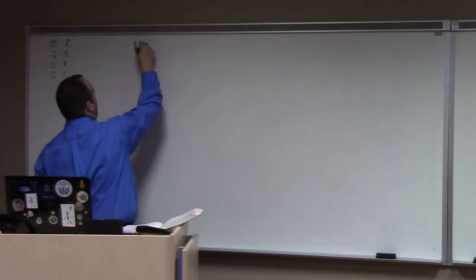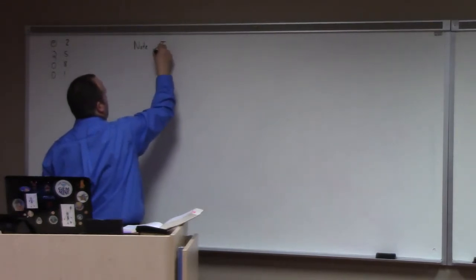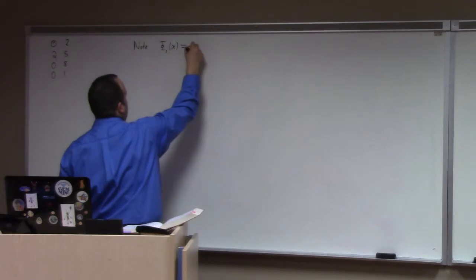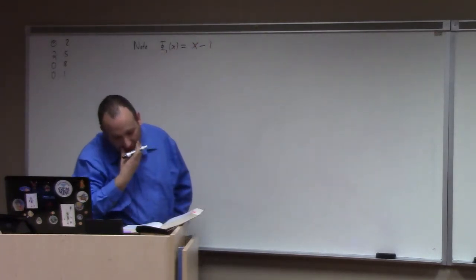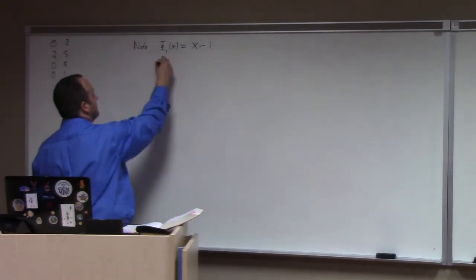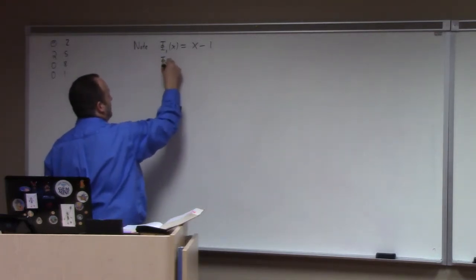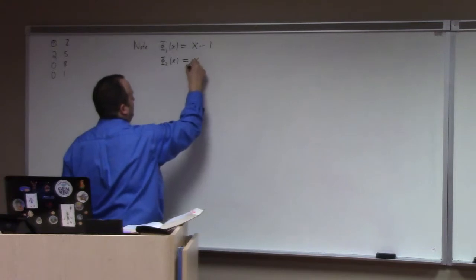note that phi 1 of x is equal to x minus 1, and phi 2 of x is equal to x plus 1. Why is that?